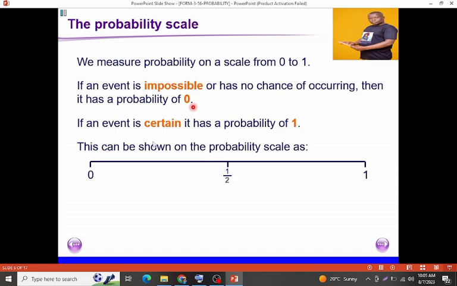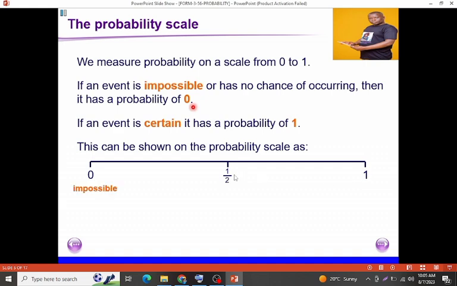So we are saying a probability can be 0 if it is impossible to occur, or if it has a 50-50 chance of occurring, it is said to be even, so it's half. If it is 100% certain of occurring, then it has a probability of 1.